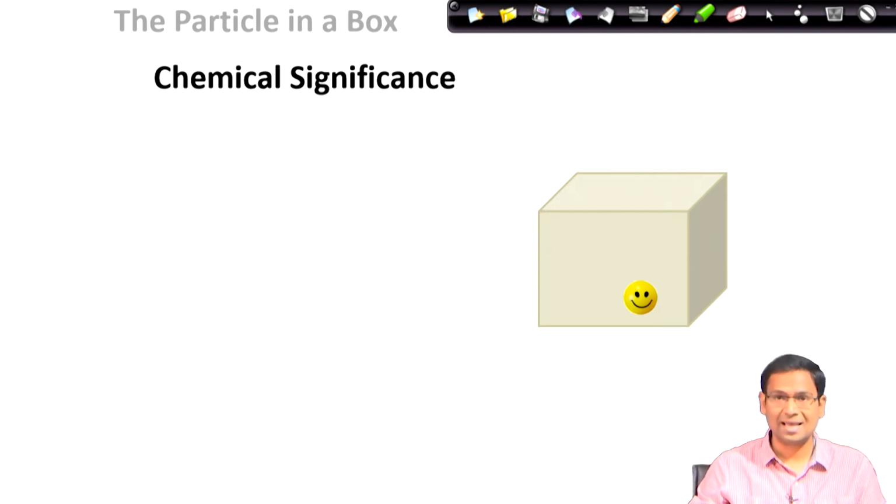The electrons are under the influence of the nucleus. So, the electrons are bound by a box that the nucleus creates. So, an atom essentially represents a particle in a box, where the particle is an electron and the box is the nuclear field that the atom produces.